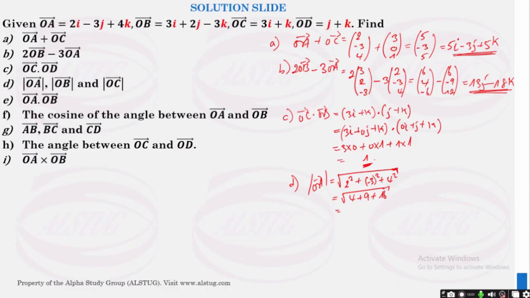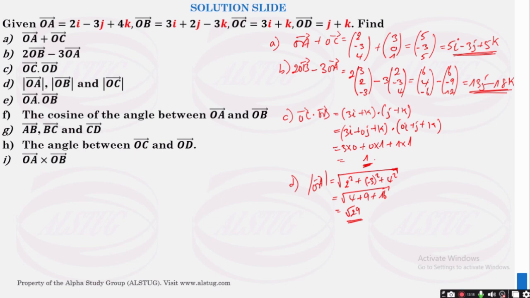That gives us 4 plus 9 is 13, plus 16 is 29, that's root 29. Yeah, let's keep it like that.